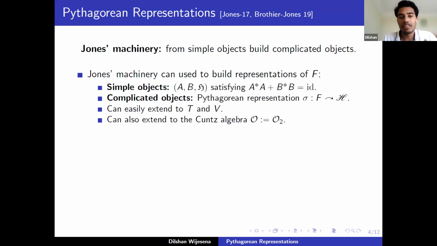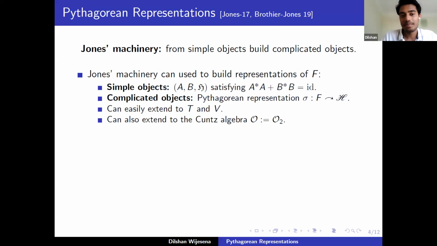Okay. So from this P module, a simple object, using Jones machinery, we can construct what we call a Pythagorean representation of F acting on a larger Hilbert space. You can think we have our P module, we feed it to our Jones machinery, and then out comes this Pythagorean representation that we want to study.